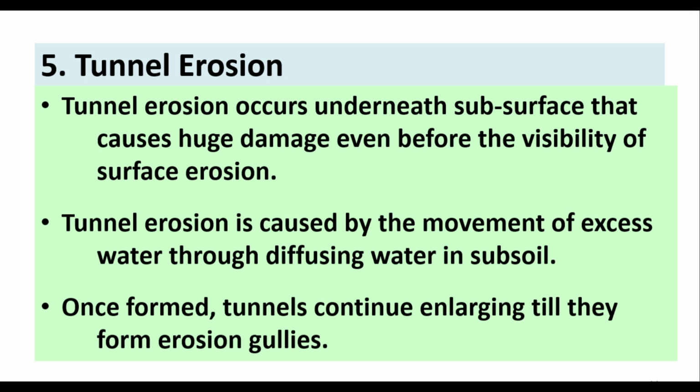The farmers, zamindars, they know that water moves within the soil underneath because water channels are there, which have been eroded by burrowing animals. So such things happen in areas where underground tunnels are there, maybe natural or due to certain animals.